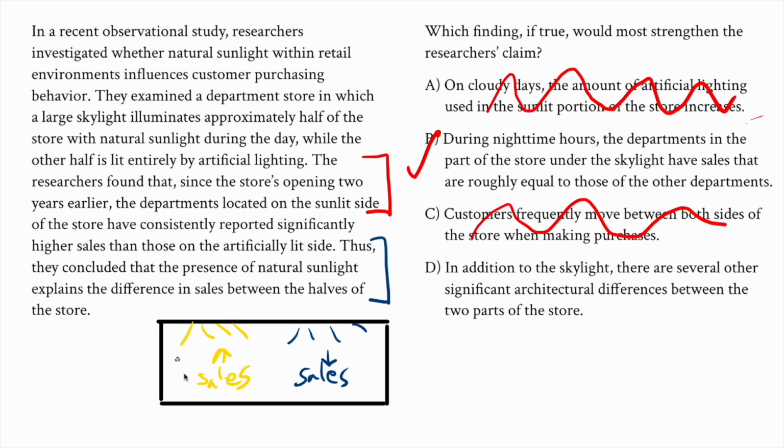They could perhaps even be contributing more than the sunlight is. So this is the one that would weaken the argument. And so if the question had asked us for something to weaken the researcher's claim, D would have been the way to go, and B would have been our opposite. But here we did want to strengthen it, so we want to go with B.